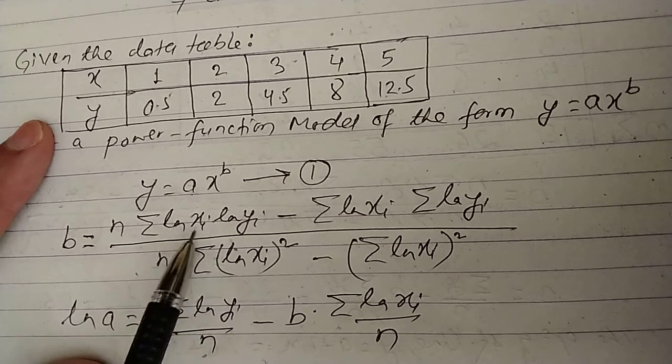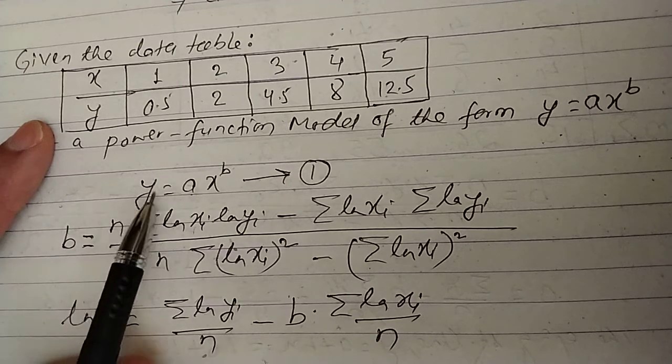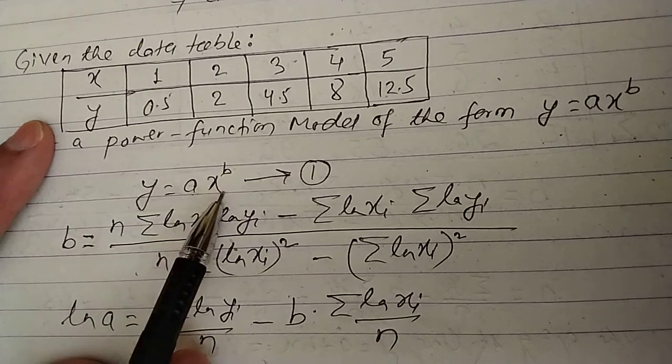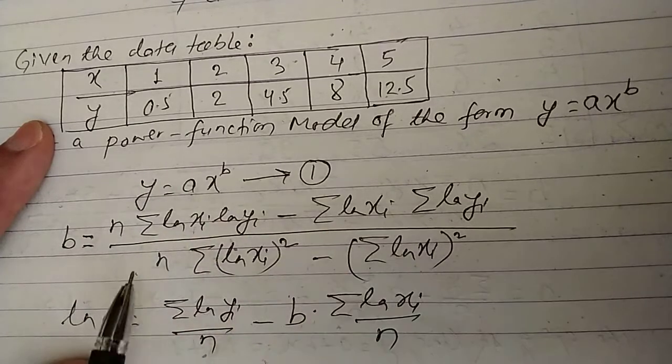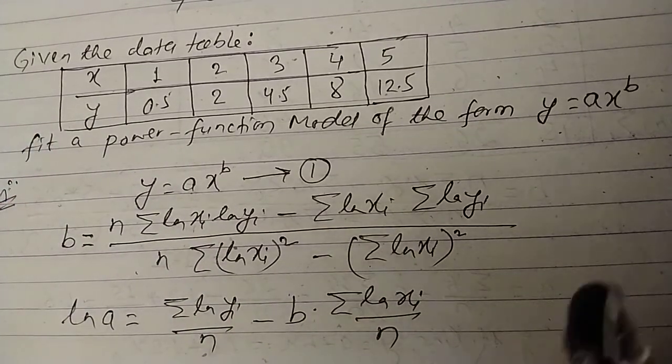So on the basis of this formula, let us calculate the value of b and a from the table. So I have written the formula once again. So you will be given a power form, take log on both sides and then compare with the linear form and then write down the formula. Okay. So let us write down.